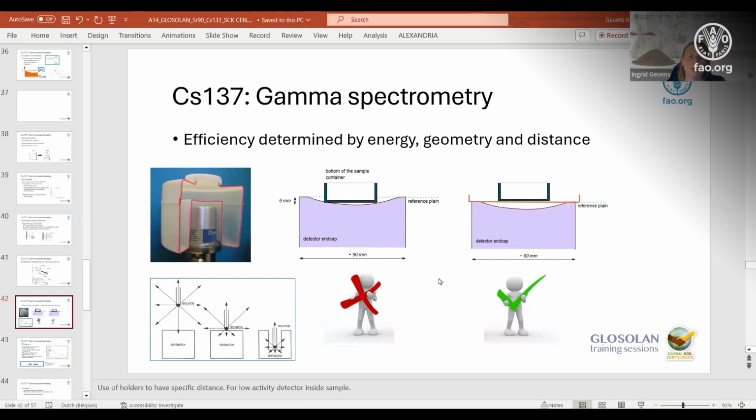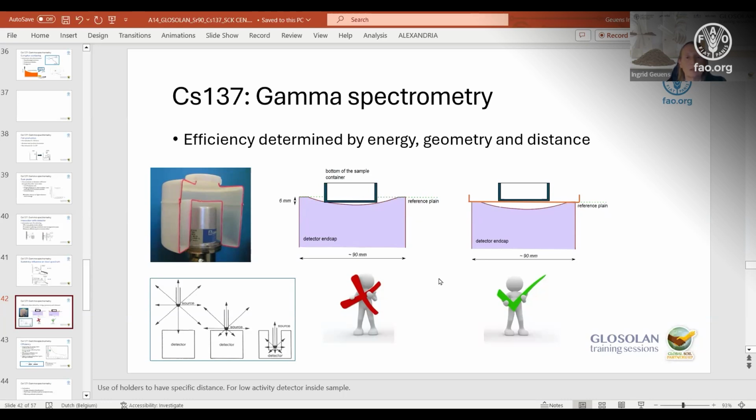If you have low activity present, for example, in environmental samples, or if you want to take reference samples from your environment, it could be a solution to put a specific holder, as you can see in the photo, around your detector, because gamma is going in all directions. So, in fact, your detector is then inside your sample, and you can measure very, very low activities.